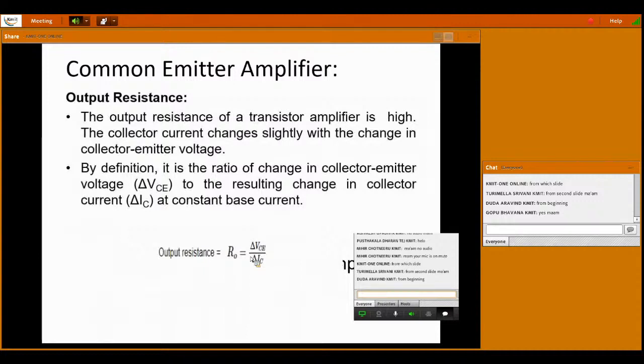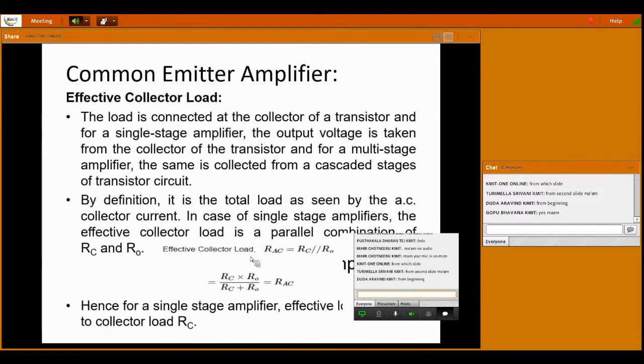Now, in order to find the power gain as well as your voltage gain, we have to calculate the effective collector load. At the collector terminal, we are connecting your collector resistance RC in order to couple your VCC, whereas we collect your output voltage by connecting a load resistor RL at the output terminal of your transistor. Now, the output resistance of your transistor, R naught, can act like a load resistor.